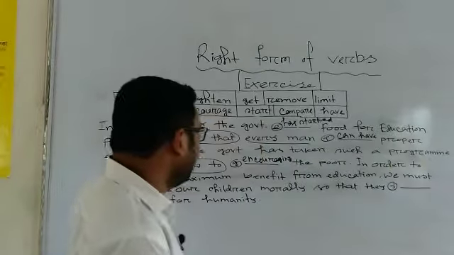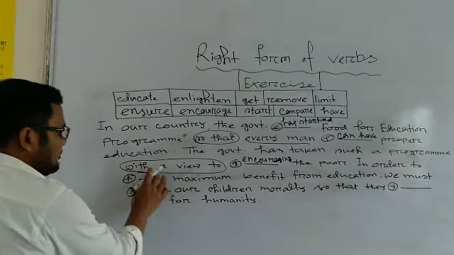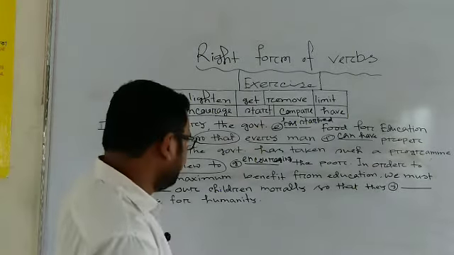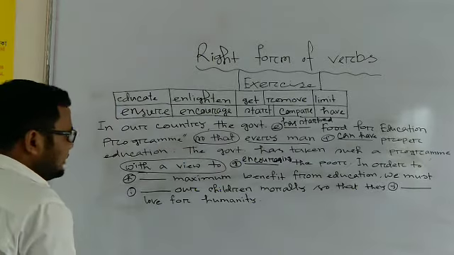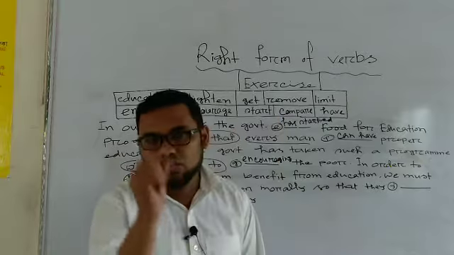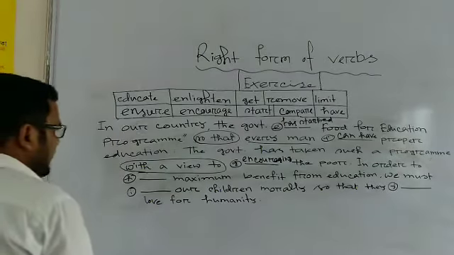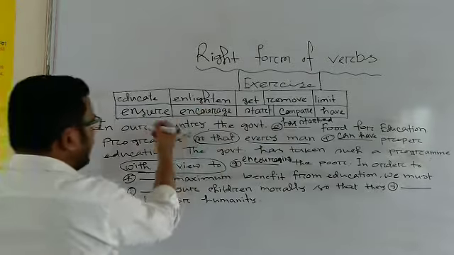So we can write down encouraging the poor. In order to dash maximum benefit from education. After in order to, you need to use the base form of the verb. So we can write down, in order to get maximum benefit from education.